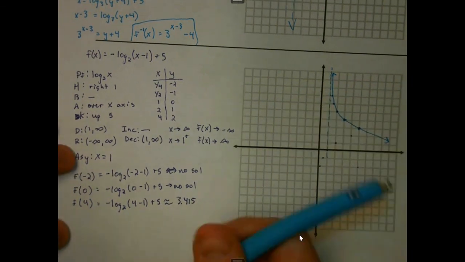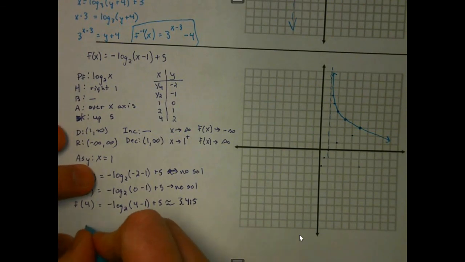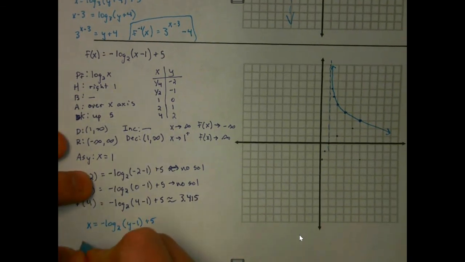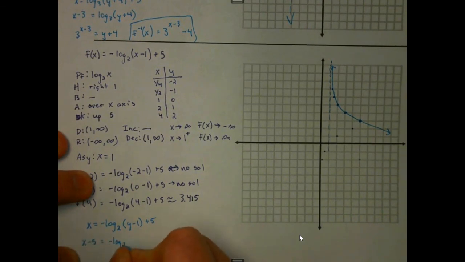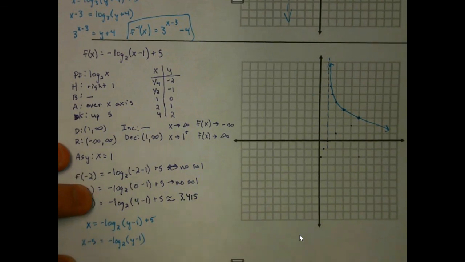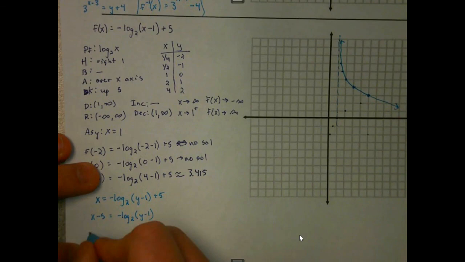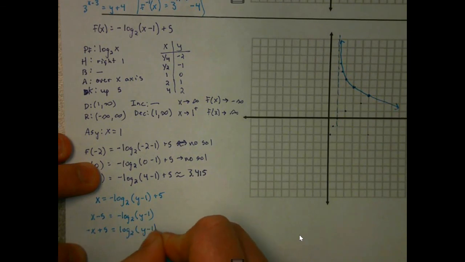Okay, to find the inverse, we have x equals negative log base 2 of y minus 1 plus 5. So we're going to subtract 5. So x minus 5 equals negative log base 2 of y minus 1. We're going to divide by negative. So negative x plus 5 equals log base 2 of y minus 1.